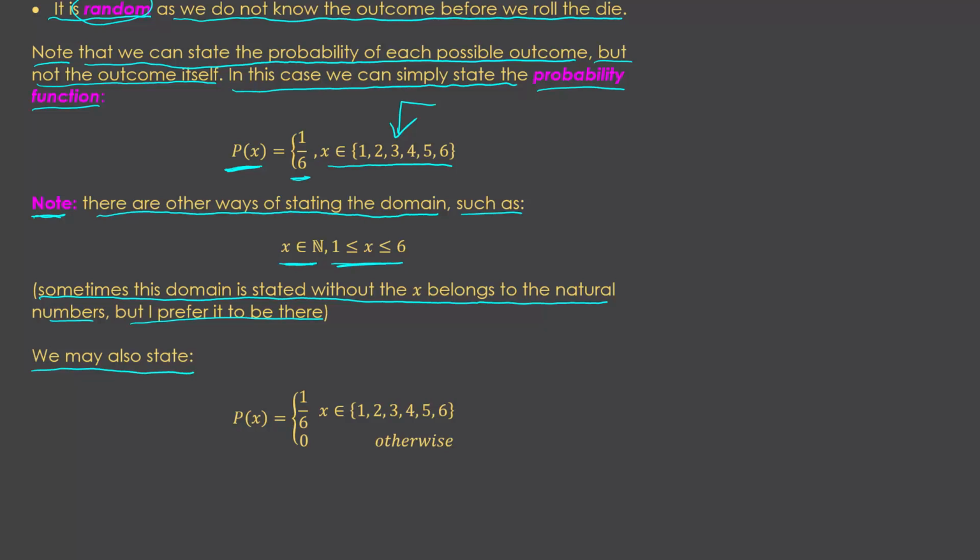We may also state the probability of x, remember again that's shorthand for the probability that the random variable x takes a value in its domain x, is 1/6 if x is in this domain and 0 otherwise.